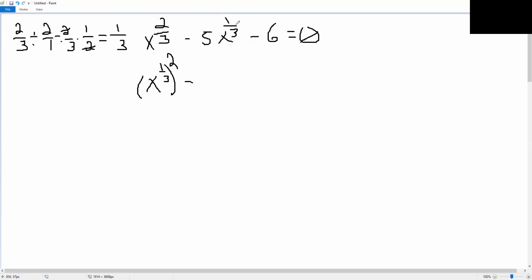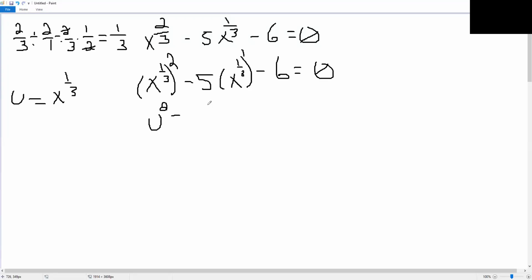We already have one x^(1/3) here, so we're going to say 5x^(1/3) to the 1st power. And that will allow us to substitute x^(1/3) in as u. So now we're left with u squared minus 5u minus 6 equals 0.